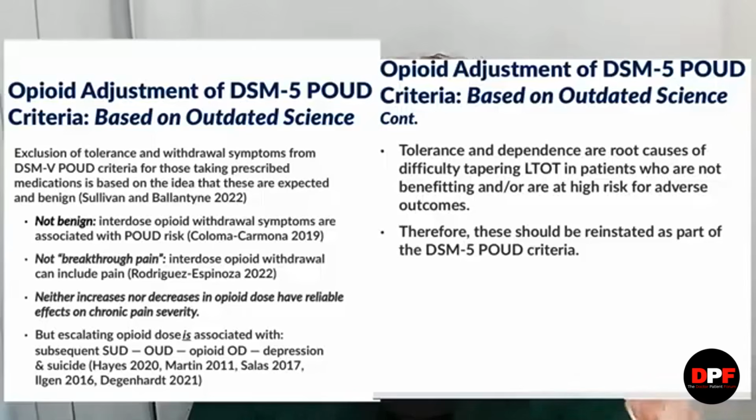So really, the exclusion will only be there for patients with OUD on Suboxone and methadone. So if they already have OUD and they're on medication for that, then they can't be diagnosed as far as active disease. They want that exclusion removed when it comes to pain patients, which is ridiculous.